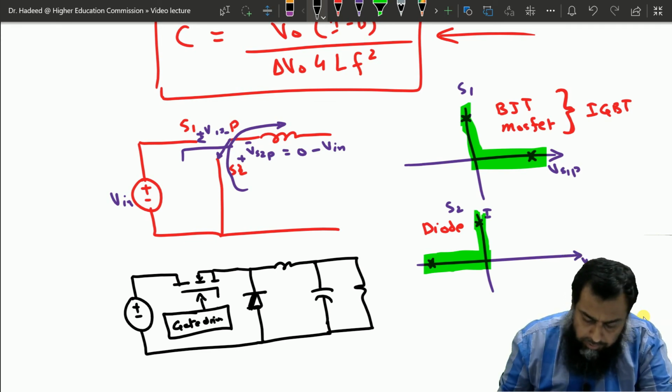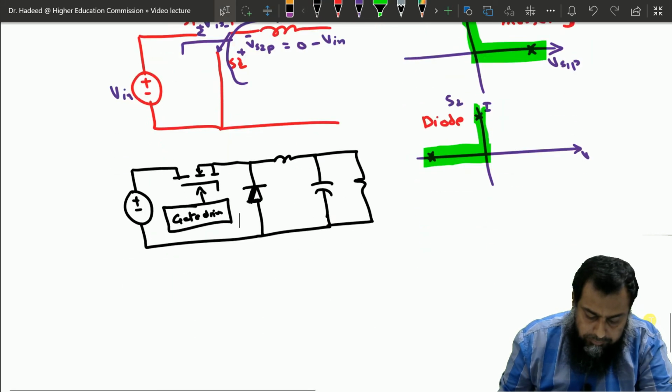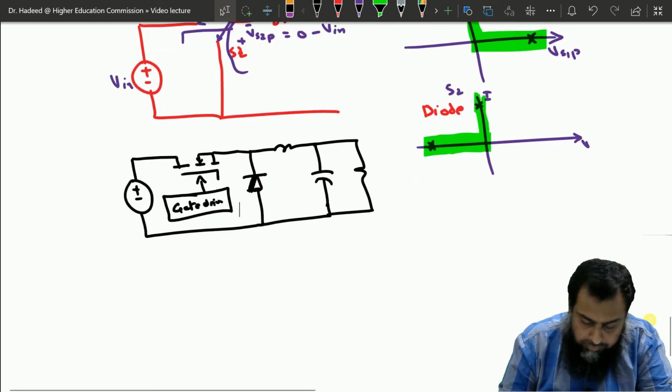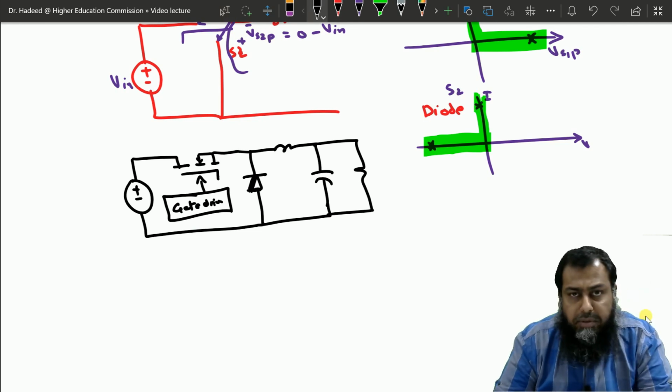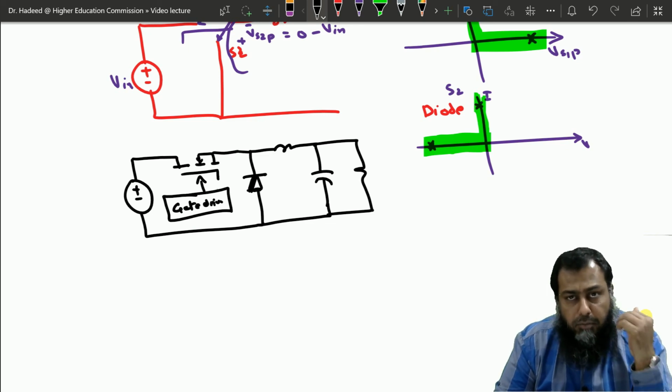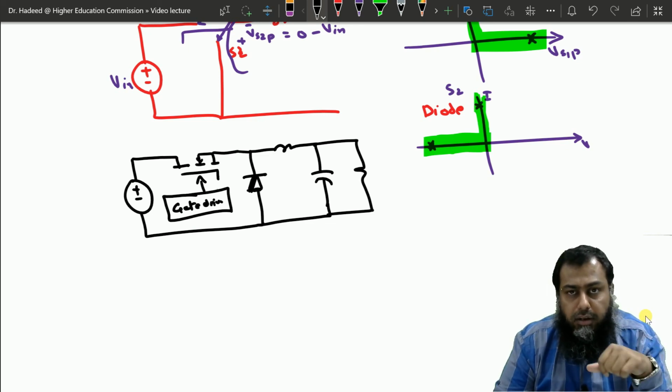Now the important point here is, to design a particular converter, we need to understand what the stresses on these semiconductor devices are, so that we can select the appropriate type or model of a diode for a given converter.